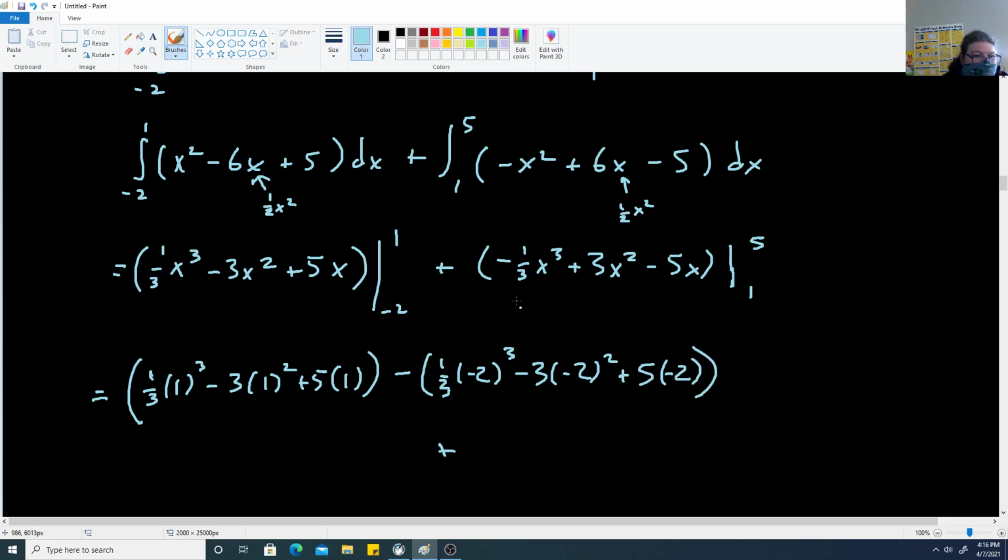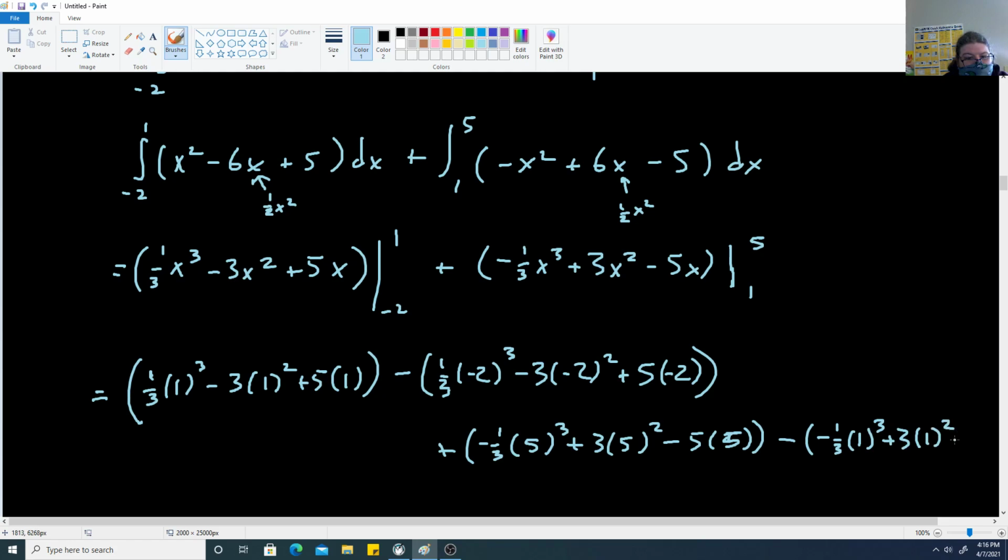We add to it this whole expression with 5 plugged in. And we subtract from it this whole expression with 1 plugged in. This would be minus 5 times 1.